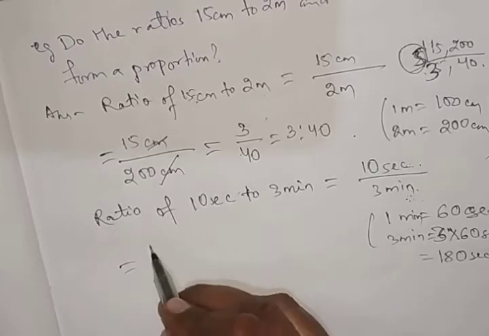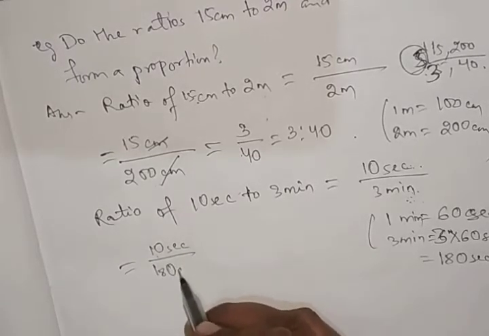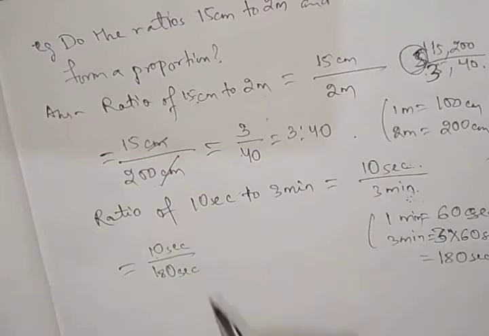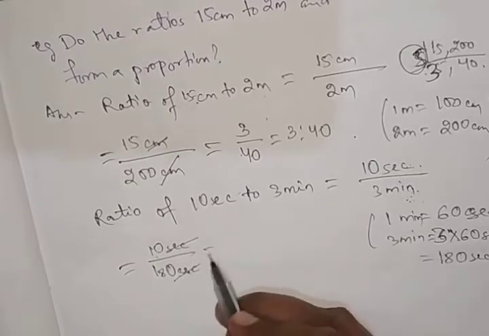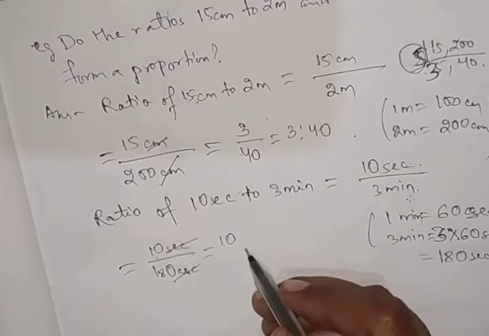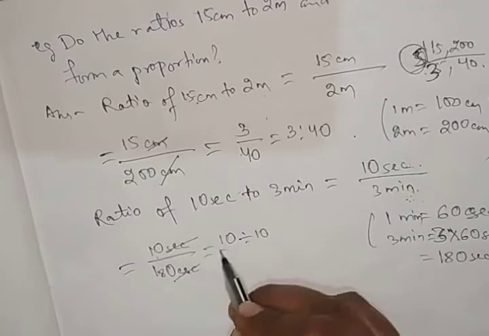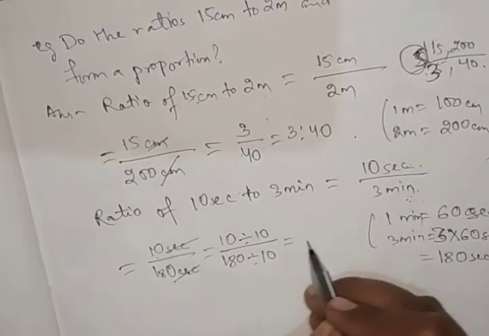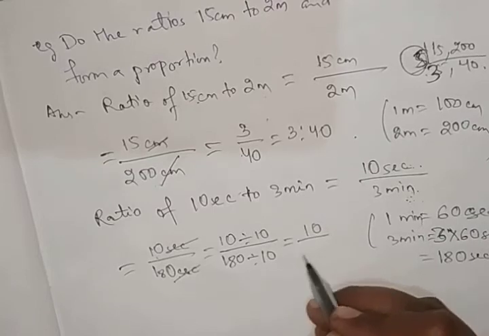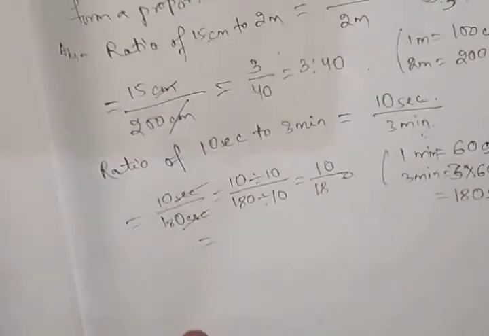So you write 10 seconds by 180 seconds. Now both units are the same, so we can compare. We divide by 10: 10 divided by 10 and 180 divided by 10, so we get 1 by 18.